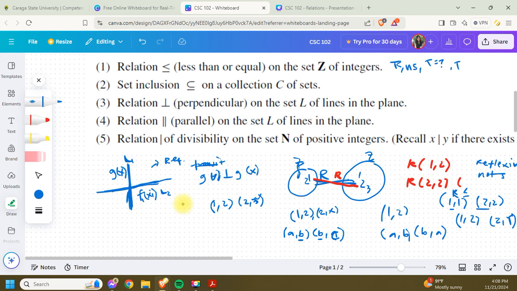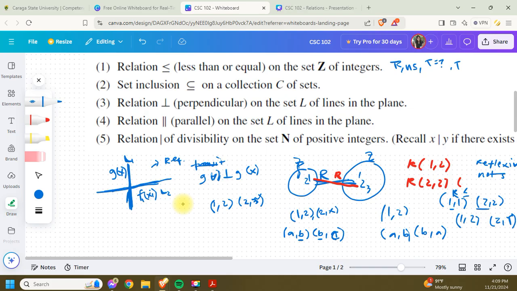If given this kind of problem in class, let's look at it generally. Since reflexive means an identity to itself, there should be a chance that g of x is perpendicular to g of x itself, and that f of x is perpendicular to f of x itself.